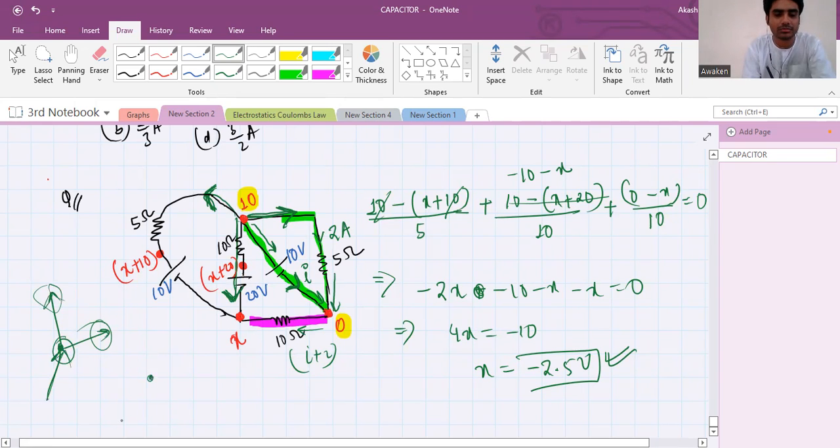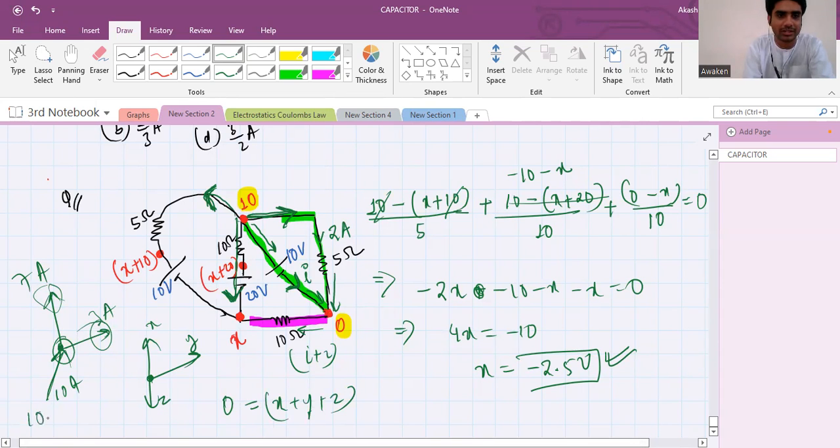Say 10 ampere is coming, then 3 ampere and 7 ampere can get divided also, right? If I assume that all the currents are leaving only, what does that mean? Because no current came in, the summation of all of them should be 0. Total incoming current is 0, and that should be equal to total outgoing current also. That is the logic.